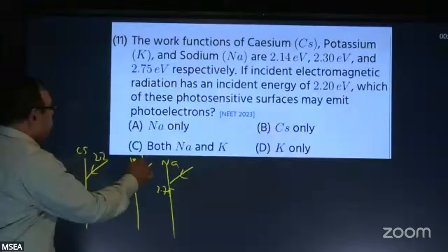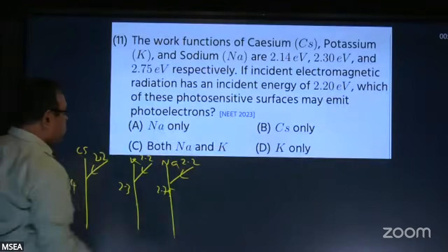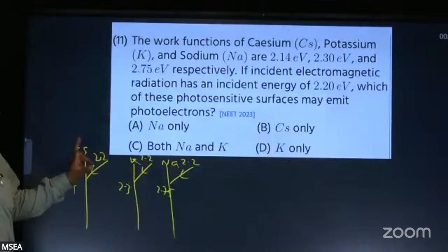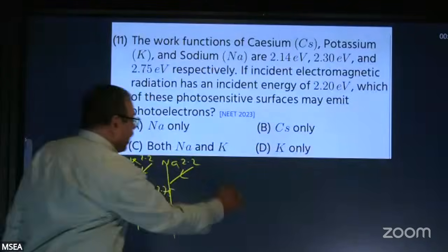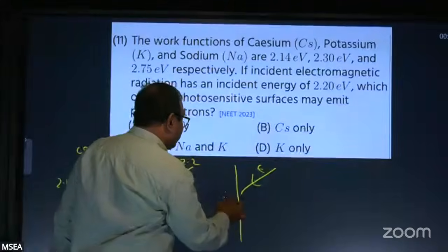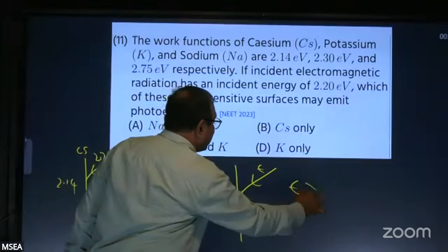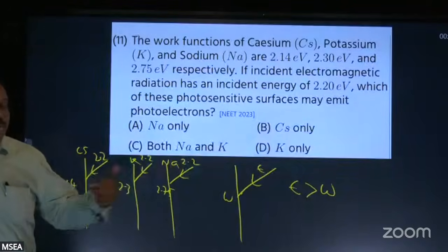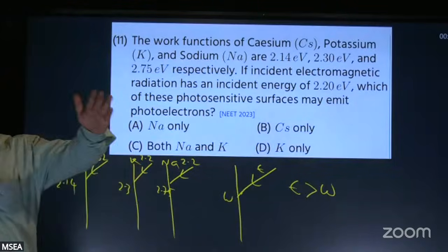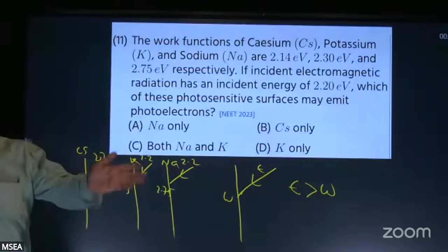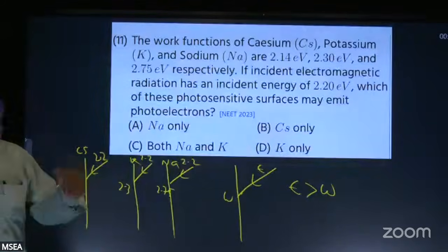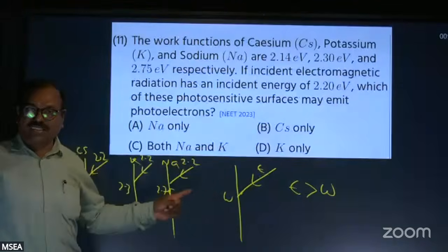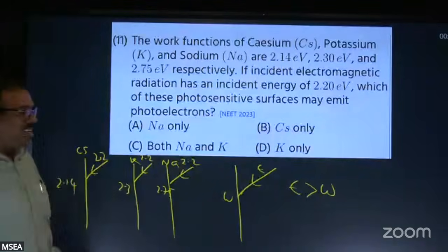Look here. Just now I said, whatever energy falls must be greater than the work function. Previously they asked about the frequency, which should be greater than the threshold frequency. In a similar way, they asked in this one: the energy should be greater than the work function. Then only are photoelectrons emitted.